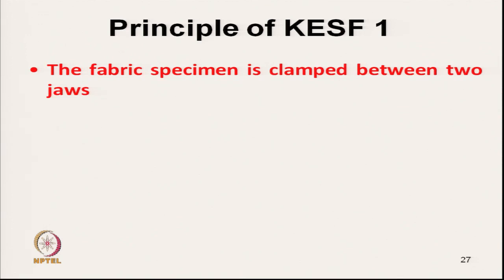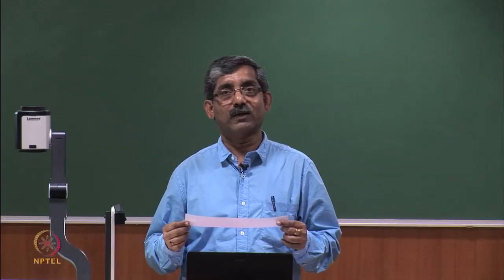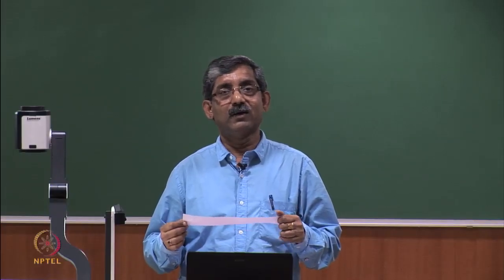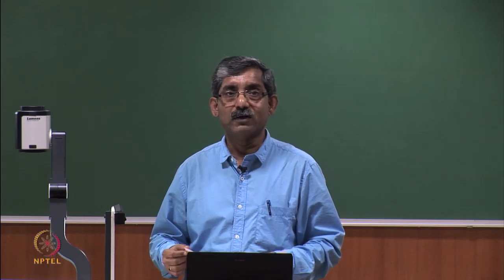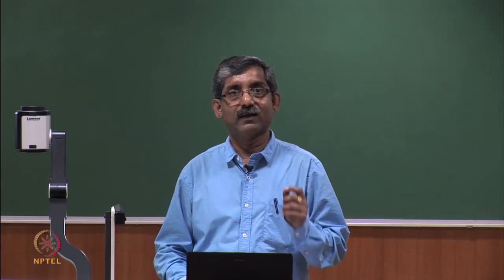The fabric specimen is clamped between 2 jaws. For any tensile characteristics we need 2 jaws. Similarly here, we have 2 jaws for clamping the fabric.